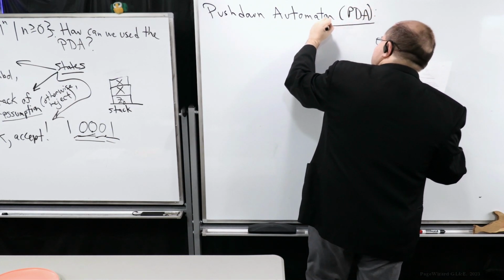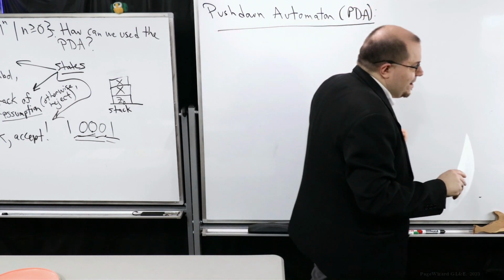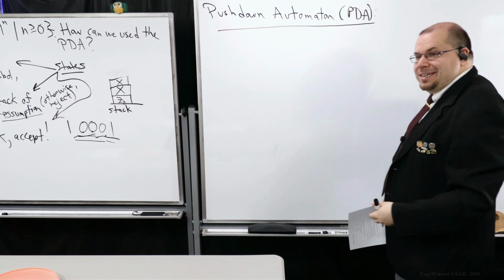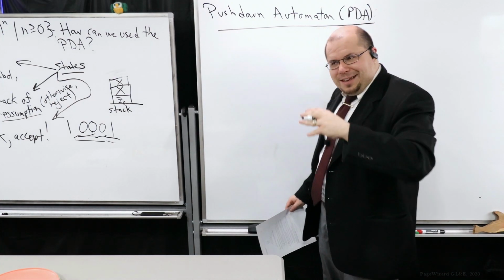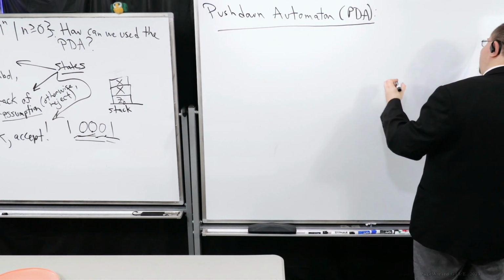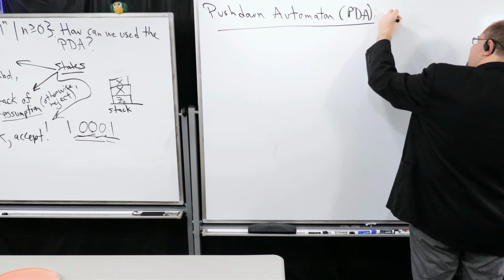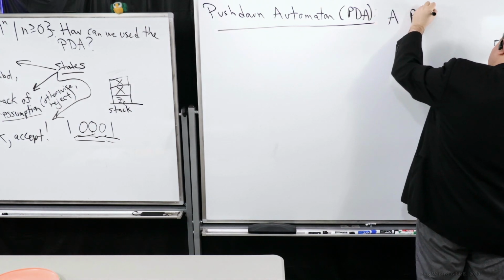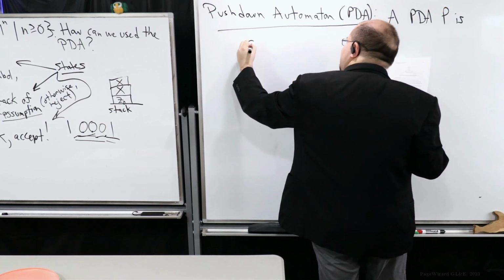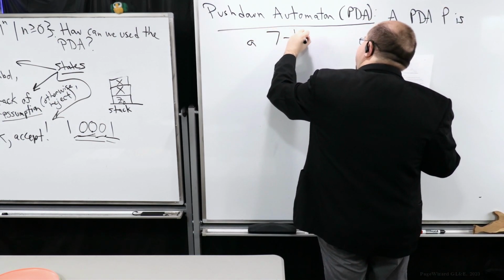I warn you that this is easily going to be one of the most complicated of the types of automata that we're going to be seeing in this lecture. So it's a little bit more of a mouthful, so please bear with me. So a PDA, P, is a 7 tuple. So we've upgraded now to a 7 tuple.